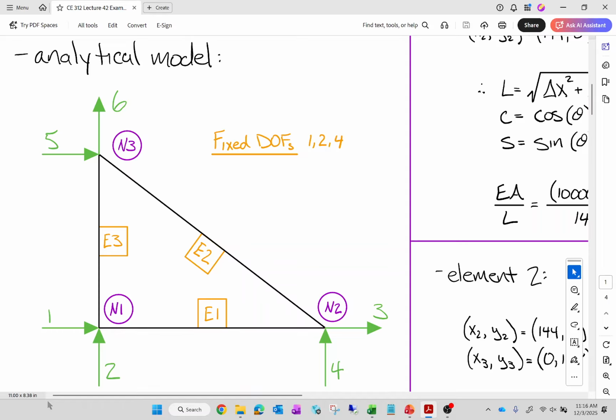So the delta x is going to be negative. It's going to be 0 minus 144, which is negative 144, and 108 minus 0, which is positive 108. And if you want a geometric interpretation, all I'm saying is that if I'm standing right here and I want to walk from node 2 to node 3, I have to go left and up. So the x direction is negative, the y direction is positive. Is everybody okay with that?